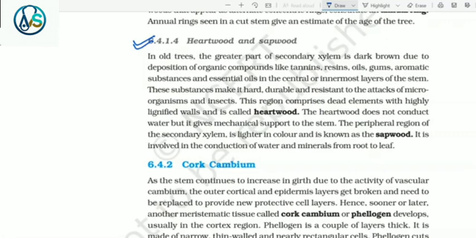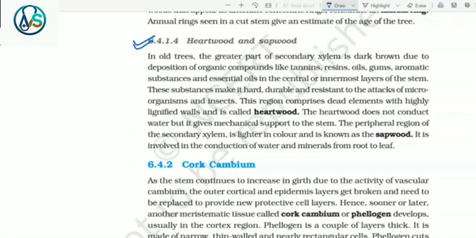6.4.1.4 Heartwood and sapwood. In old trees, the greater part of secondary xylem is dark brown due to deposition of organic compounds like tannins, resins, oils, gums, aromatic substances, and essential oils in the central or innermost layers of the stem. These substances make it harder, durable, and resistant to the attacks of microorganisms and insects.